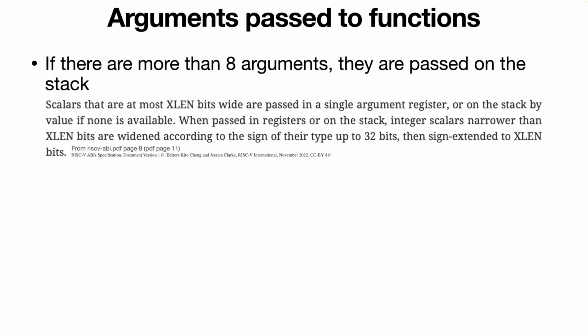And where does that information come from? Well, going back to the ABI document again, it says that scalars that are at most XLEN bits wide are passed in a single argument register or on the stack by value if none are available.